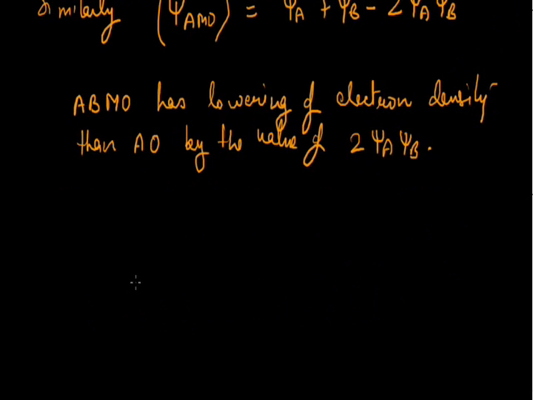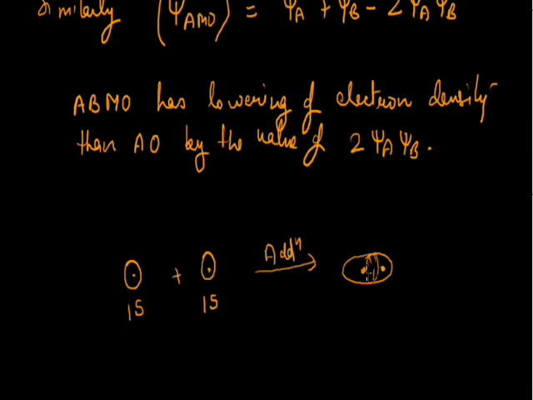If we understand this concept with the help of a diagram, say the 1s orbital of hydrogen combines with another orbital of another hydrogen, leading to additive overlap, and there is an increase in the density. Higher density would be found in this particular area.